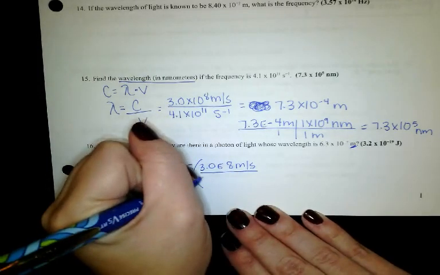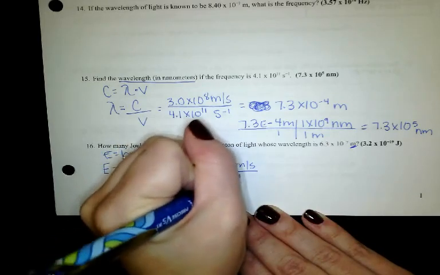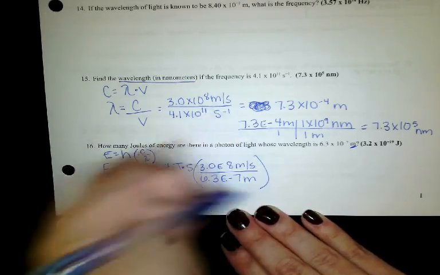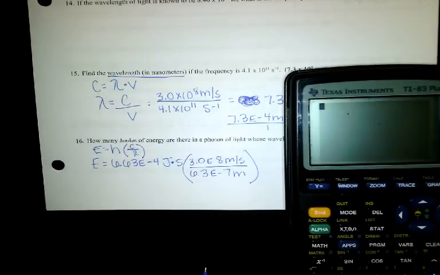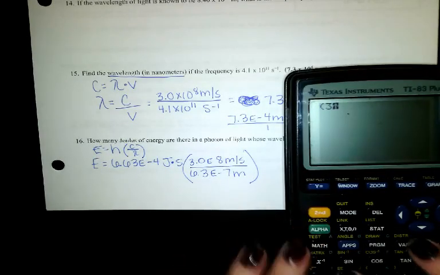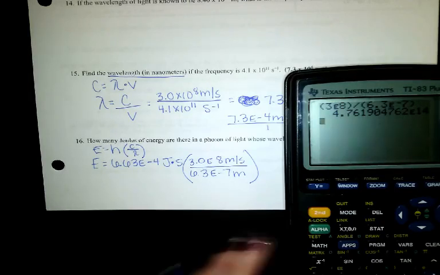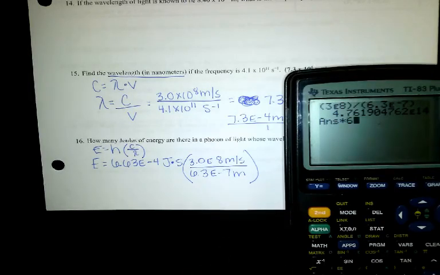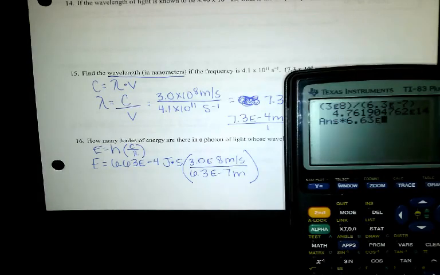Our wavelength is 6.3 times 10 to the negative 7th meters. When I calculate this, I'm first going to do 3E8 divided by 6.3 E negative 7, and then that number times Planck's constant, 6.63 E negative 4.